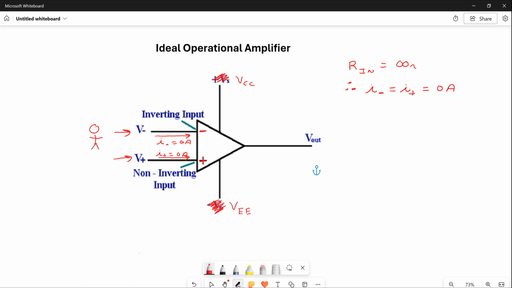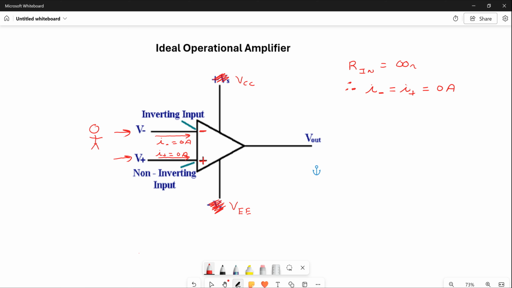I will mention also that the ideal operational amplifier has an output resistance. If you're on the output here and you're looking in, R out is equal to 0 ohms.